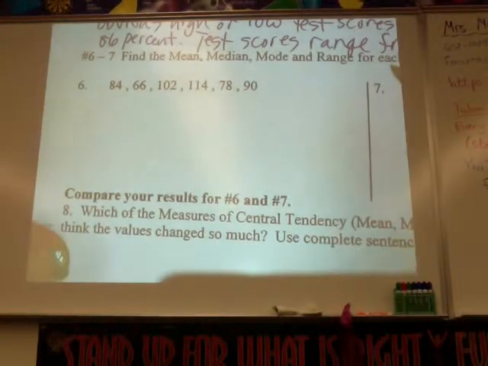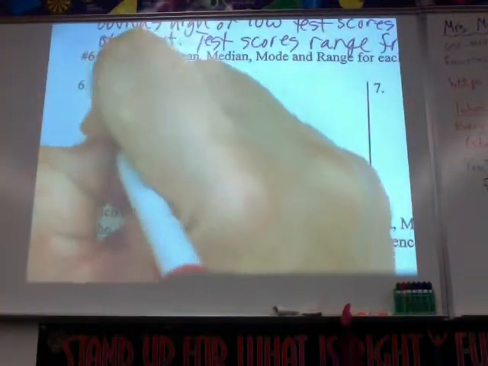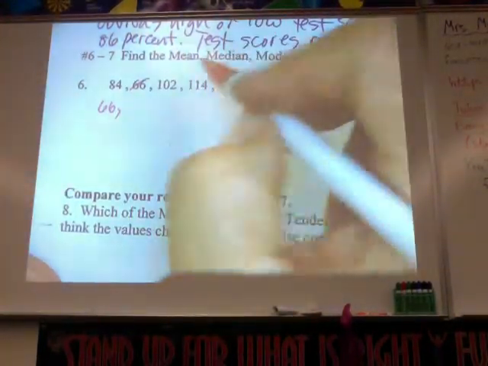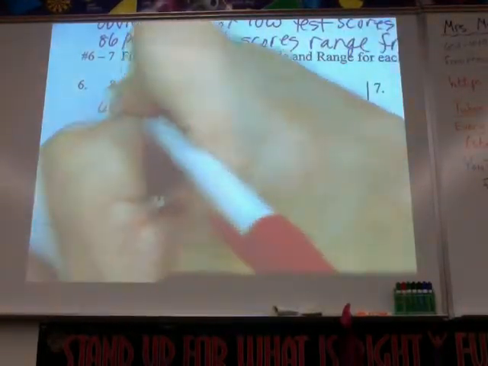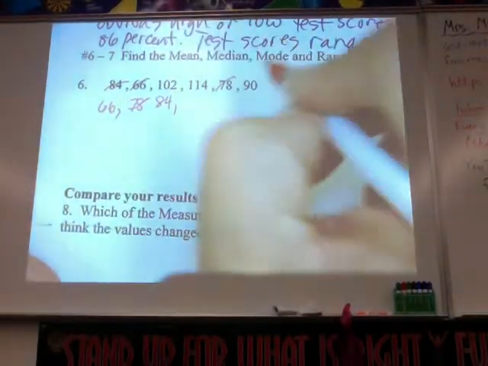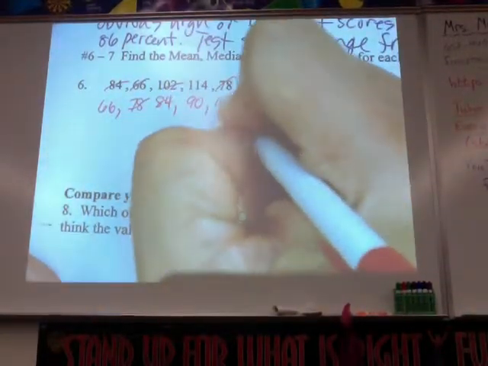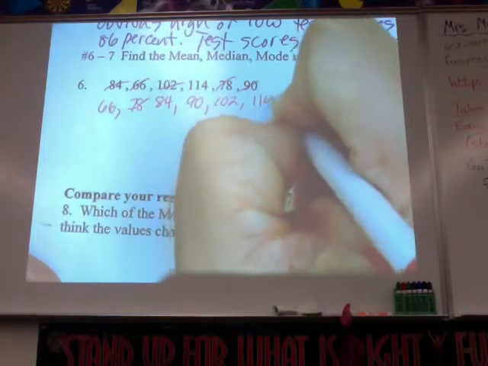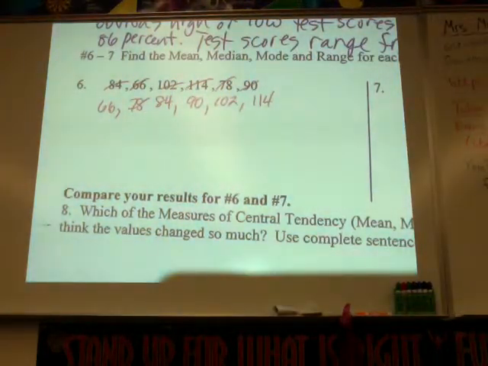So what's our smallest data in number 6? 66. So cross it out. So make sure that you ended up with 6 pieces of data.